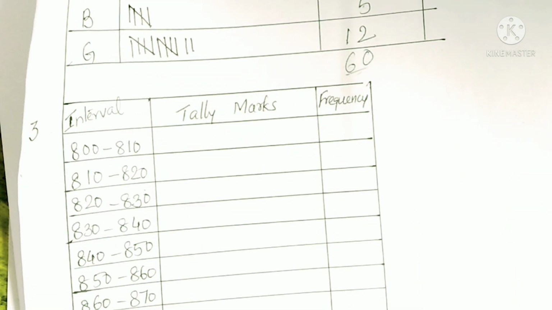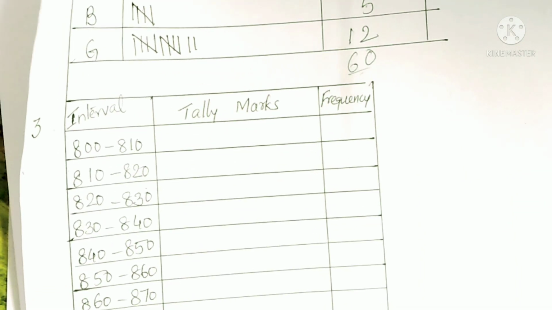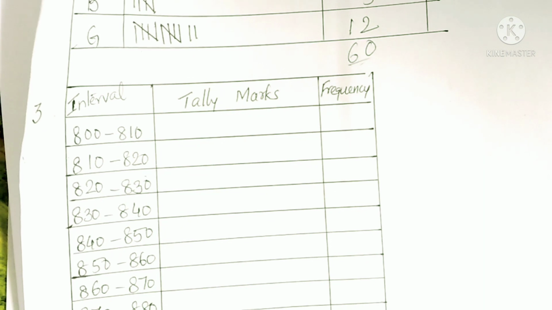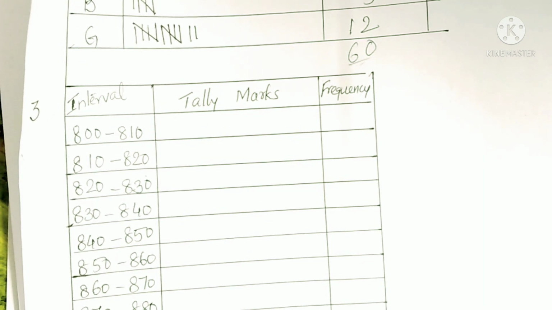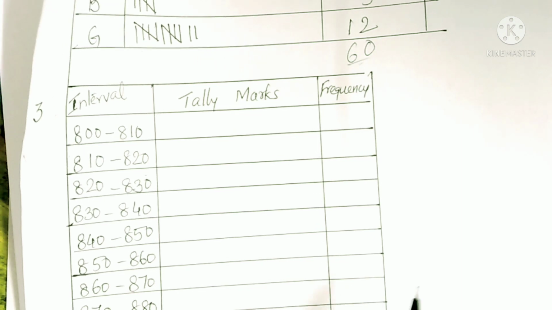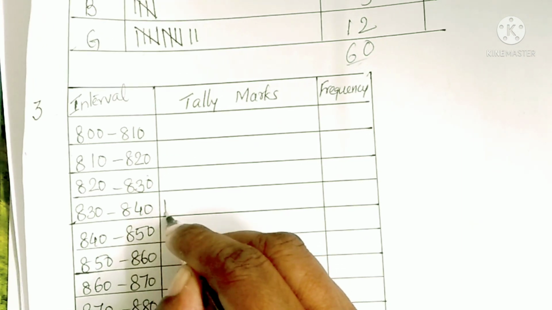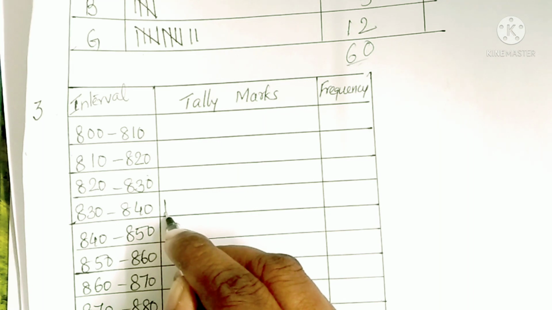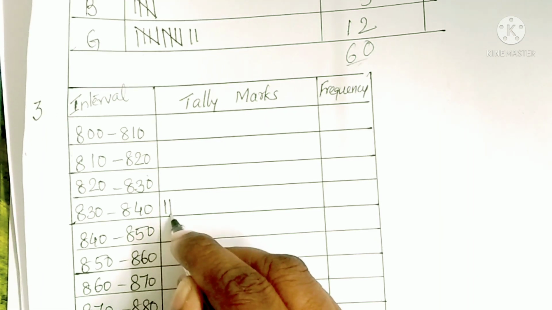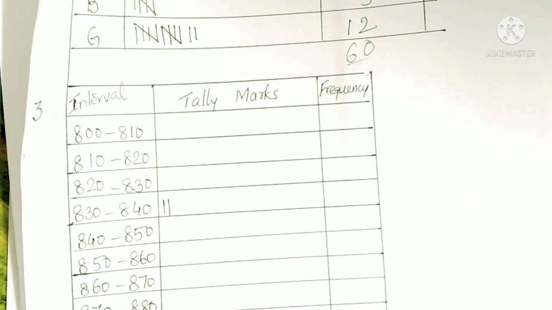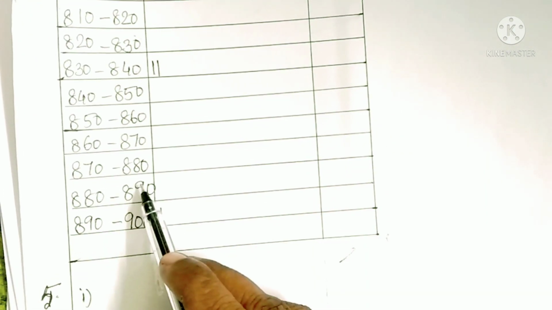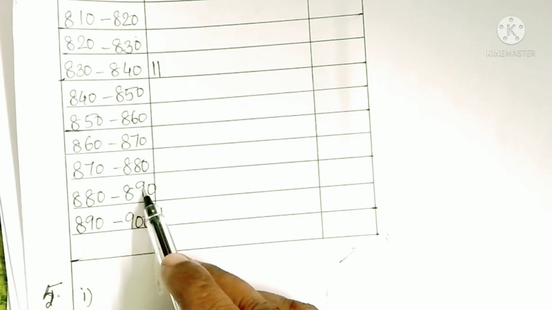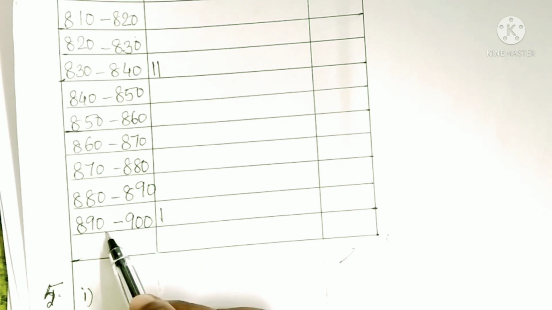Now using tally marking we have to find out how many people are getting between the given intervals. So the first number is 830. So here we will mark. Then 835 also here. Then you have 890. So 890 we count in the second one, that is when you have the number at both ends, we count it in the second one.